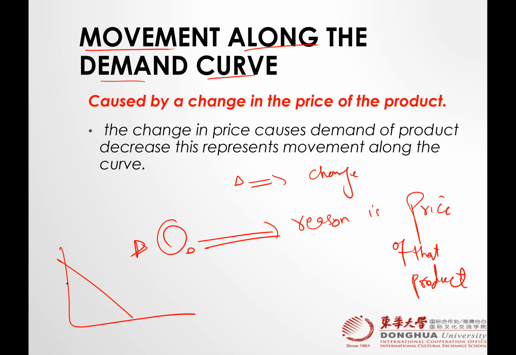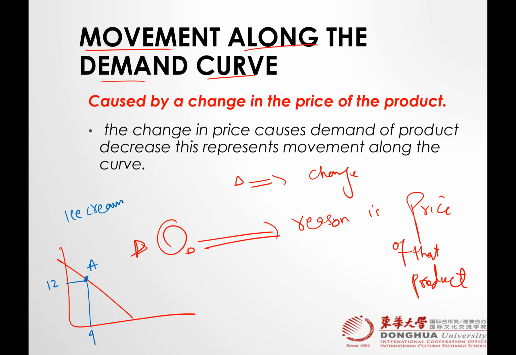For example, previously we were here at point A, in which the price was 12 and the quantity demanded was 4. Now what happened? For example, this is the market for ice cream.